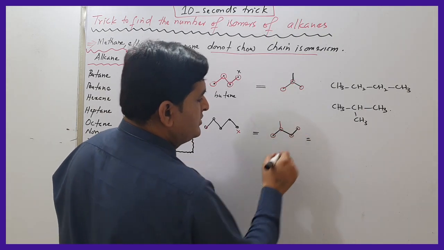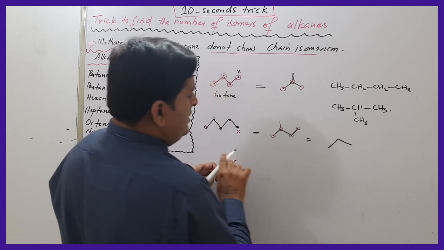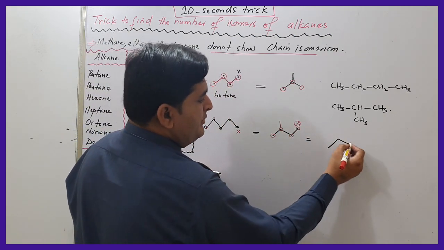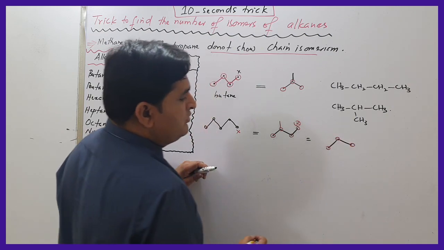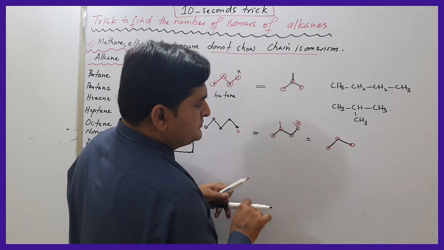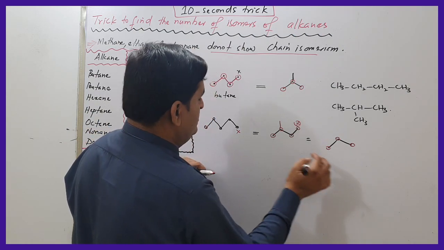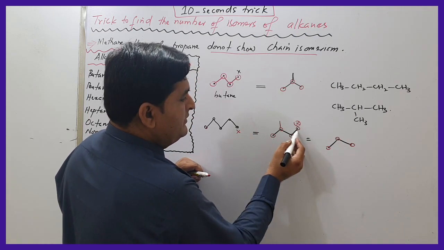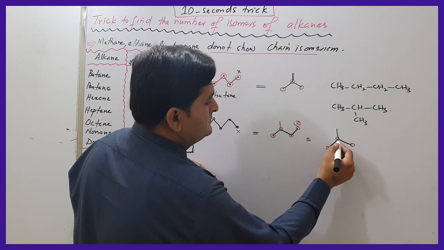Now reduce another carbon, so the number of carbons becomes 3, and these are the carbons that we have subtracted. Now in the main chain there are 3 carbons: 1, 2, 3. These are the terminal carbons, so a branch cannot be attached to them. So the 2 carbon atoms that we have removed now become attached to the middle carbon like this.